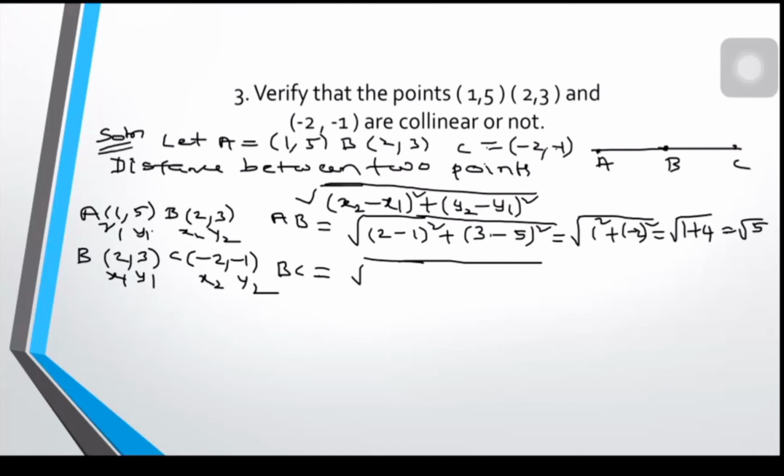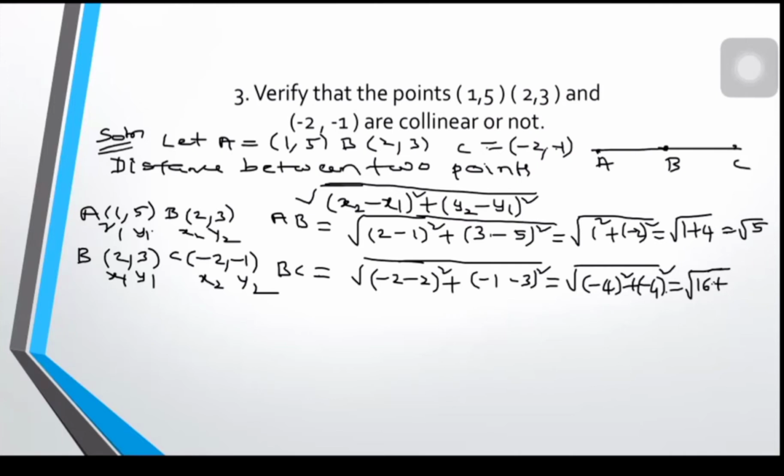X2 minus x1 is minus 2 minus 2, whole square, plus y2 minus y1 is minus 1 minus 3, whole square. Root of minus 4 whole square plus minus 4 whole square is equal to 16 plus 16, is equal to root 32.